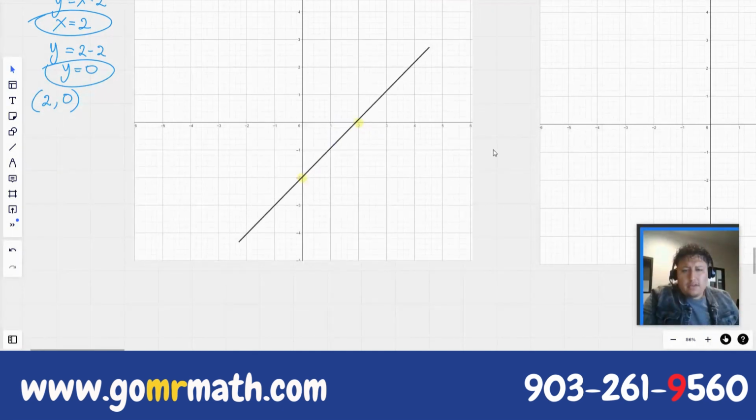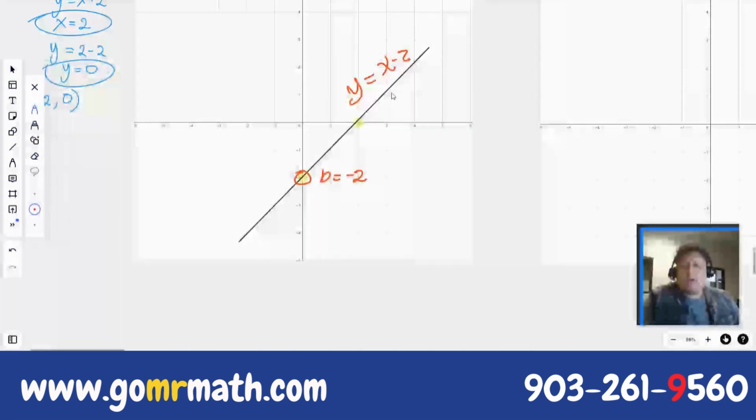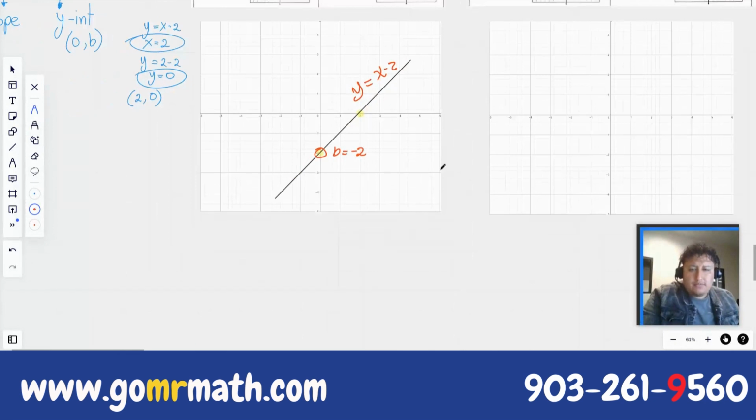There we go. This line here is the representation of the equation of the line y equals x minus 2. Look, the y-intercept is here. b is equal to -2, and we know that the slope is positive, it is 1, so this is slanted to the right. Okay, let's continue.